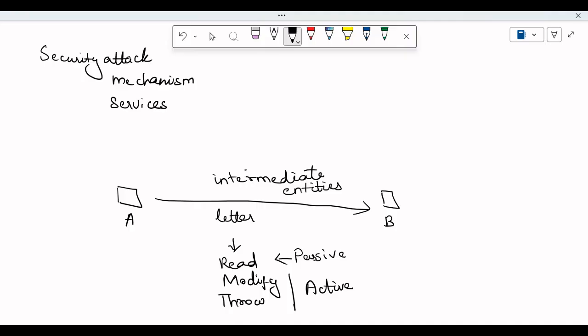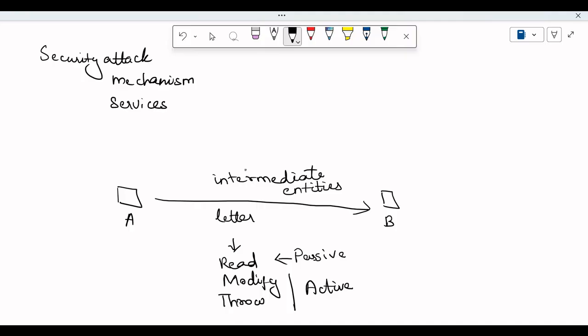Authentication ensures that the communicating entity is the person who is claiming to be. The next service is confidentiality. If I am sending a message to my friend, an intermediate person should not be able to read that content. That is the role of confidentiality.